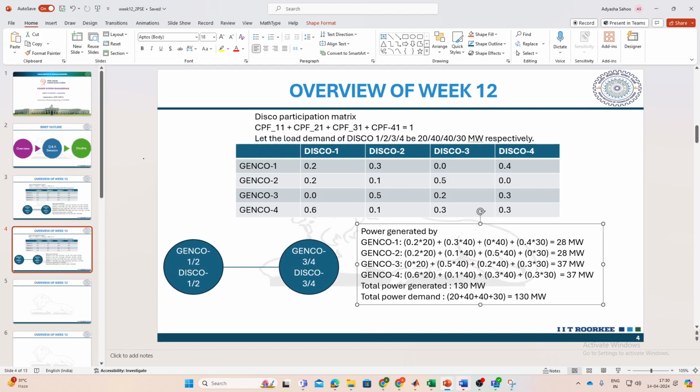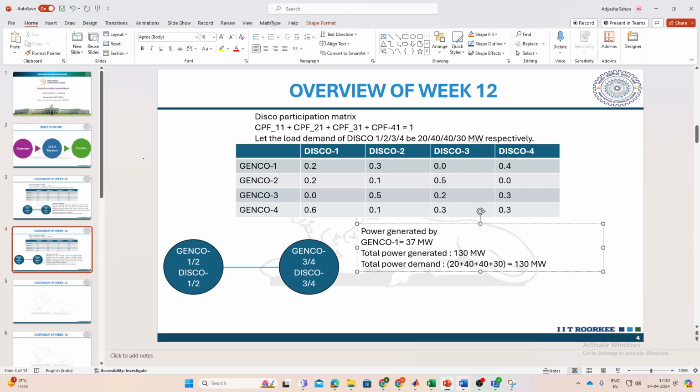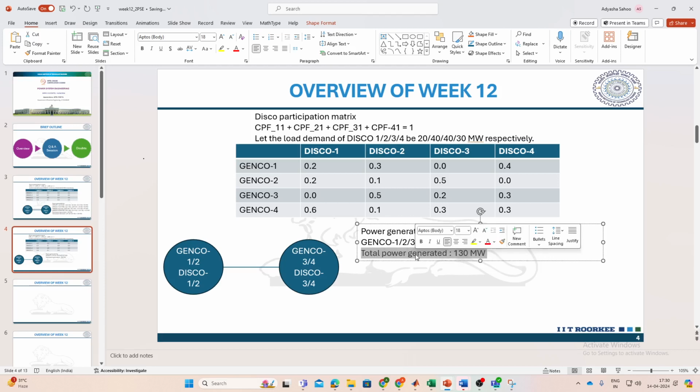So let me write this in consolidated form. Power generated by GENCO 1, 2, 3 and 4 is 28, 28, 37 and 37. So this is not required now.